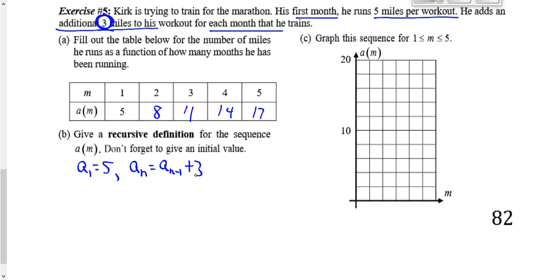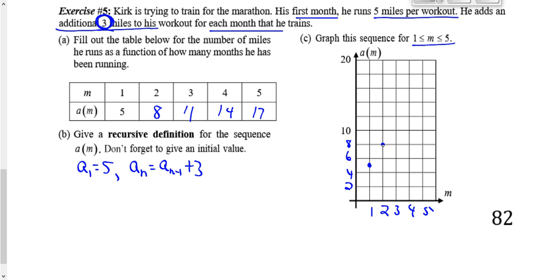Okay. So now they want to graph it between 1 and 5, right? 1, 2, 3, 4, 5. What are they counting by here? 2, 4, 6, 8, 10. So for month 1, we do 5 miles. Then 2 was 8.